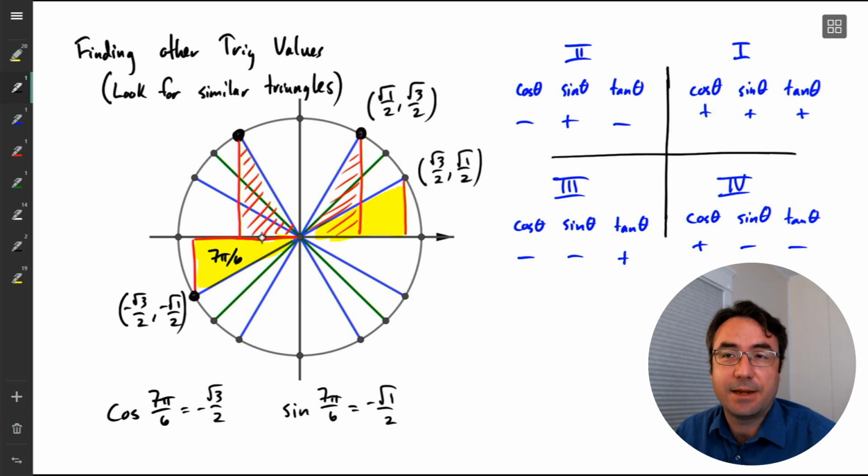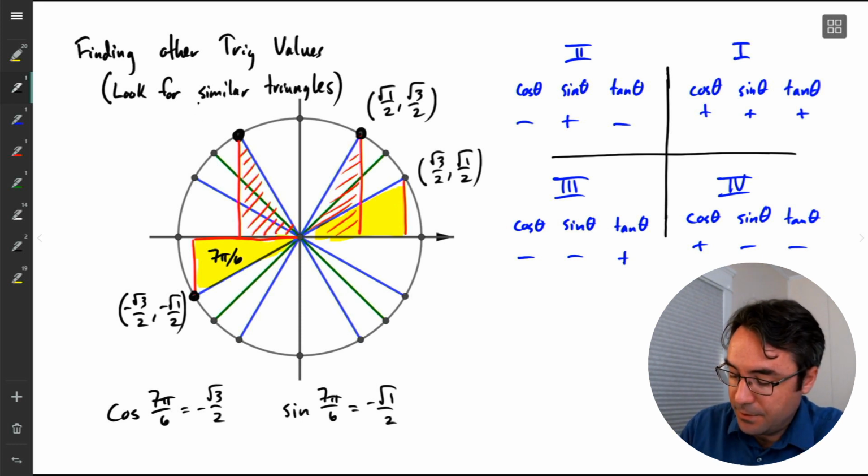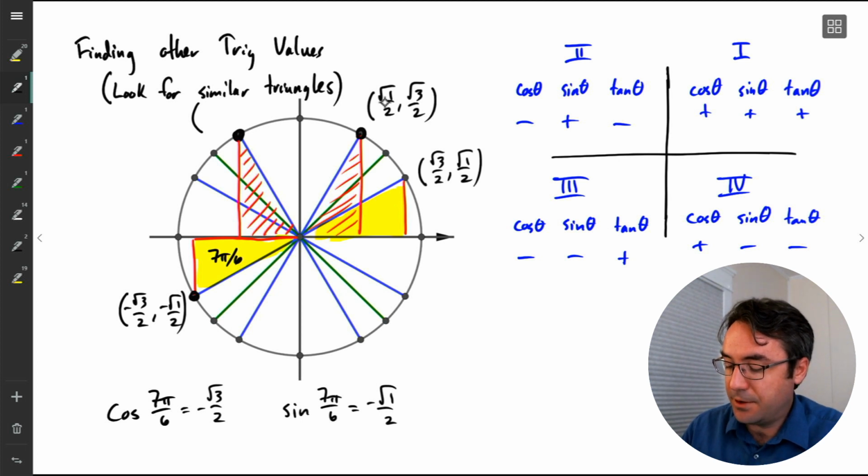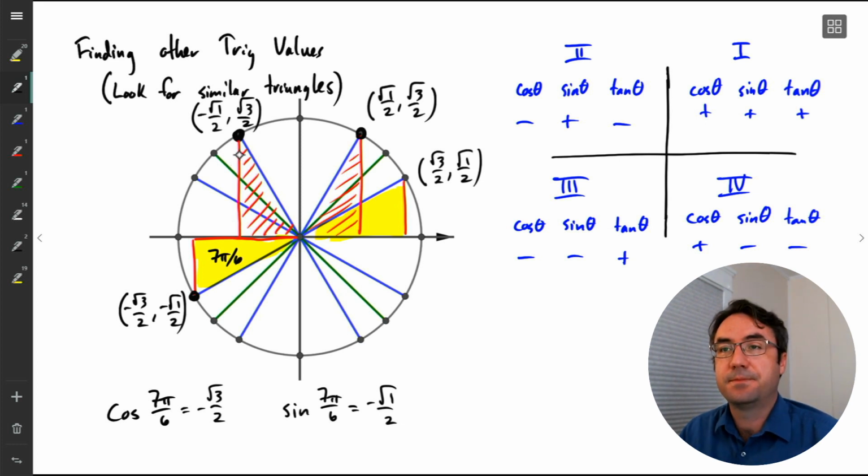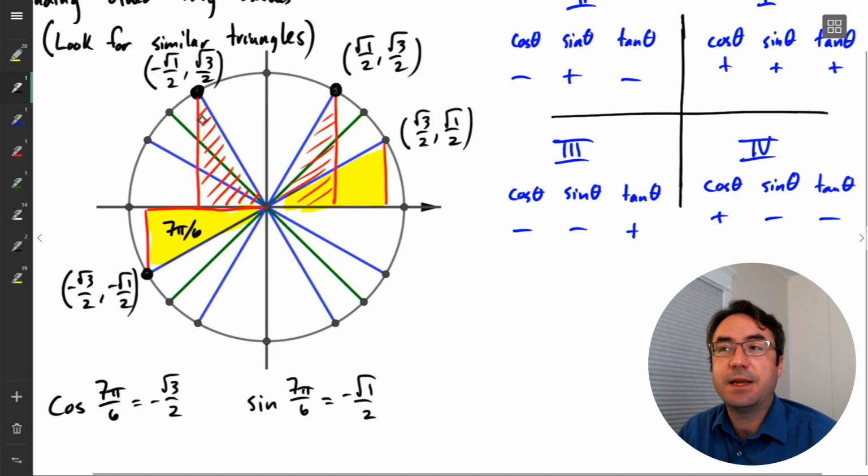So that means it's going to be negative. So when we do this, the cosine value we know is going to be negative, and the sine value is positive. So the coordinates for this other point are negative square root 1 over 2, comma, square root 3 over 2.